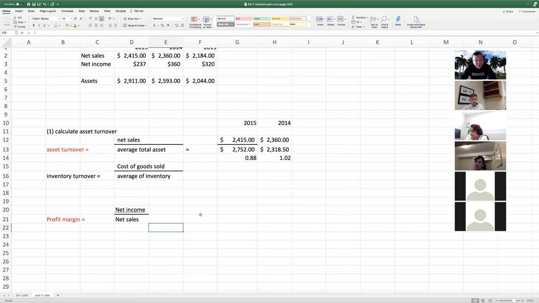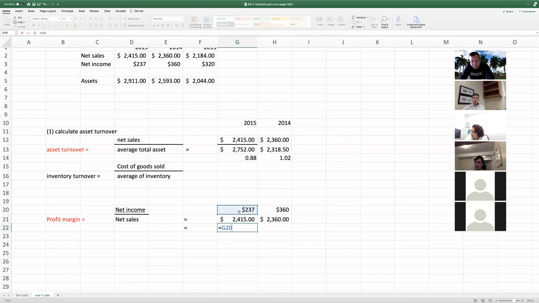Profit margin equals net income, that's this number, divided by net sales, that's this number. I'm going to use a percentage and keep 2 decimals.